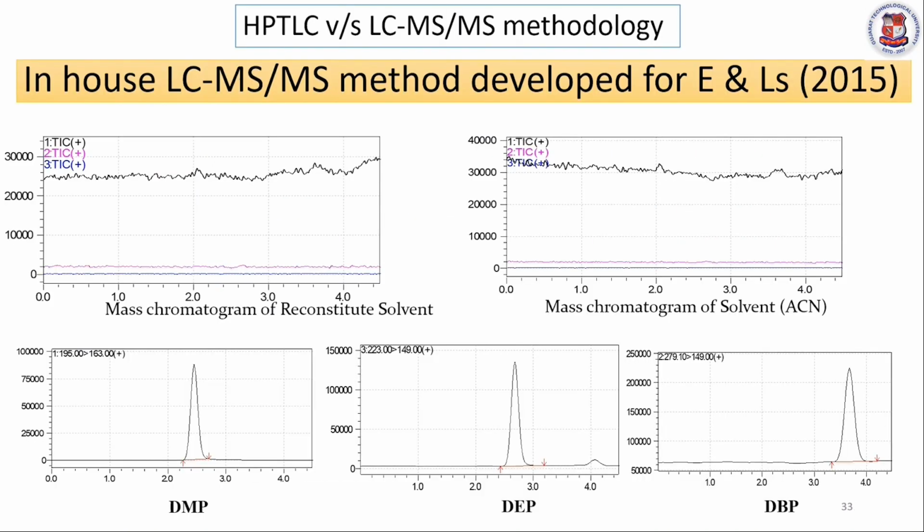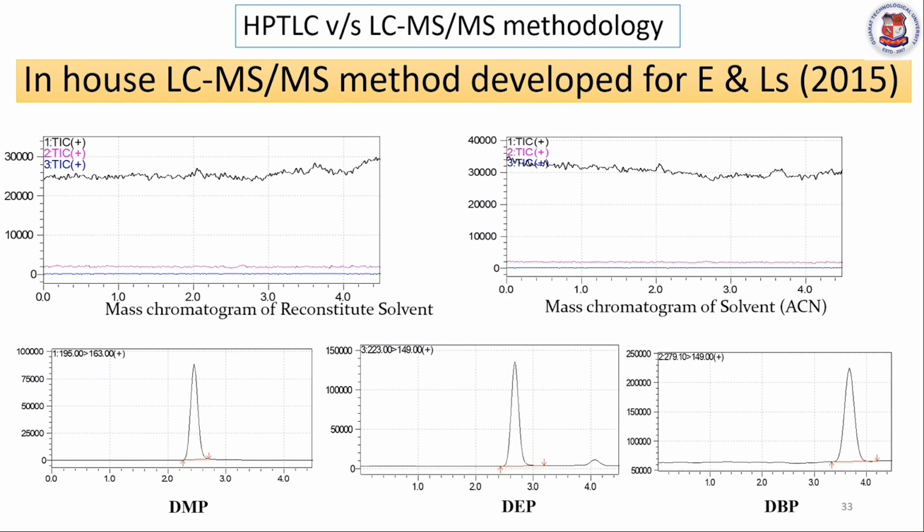So it makes lots of things come to mind about how HPTLC has been used to discover all of this. But previously, before HPTLC, we had also used the popular technique in 2015, LCMS-MS. This is an in-house developed LCMS-MS method for extractables and leachables.